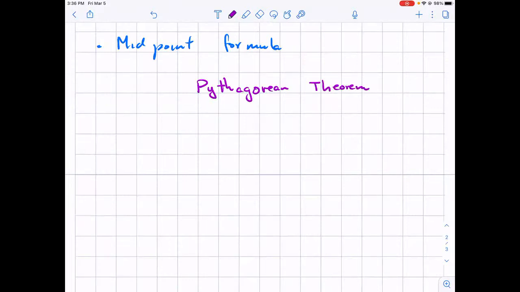And Pythagorean theorem really deals with right triangles.